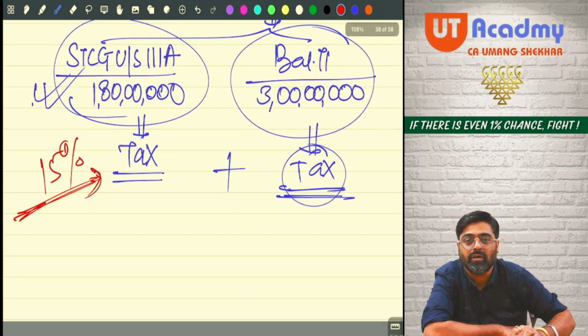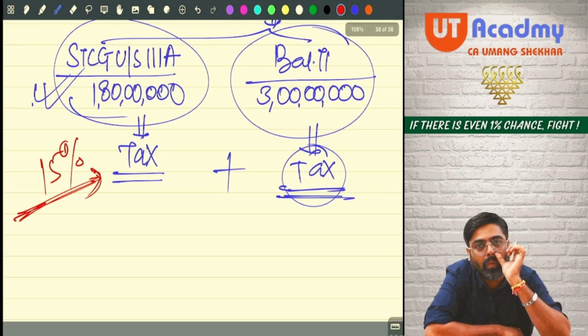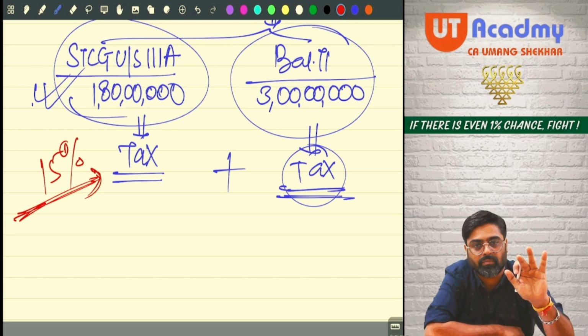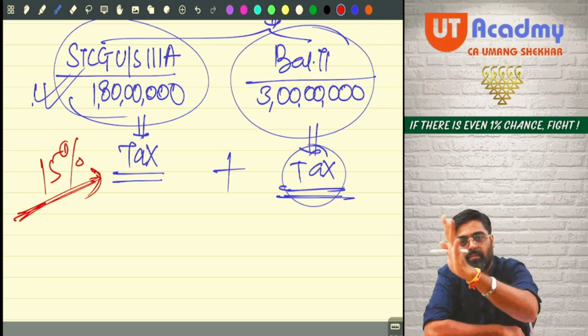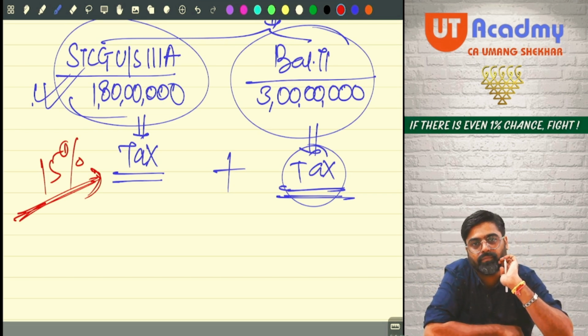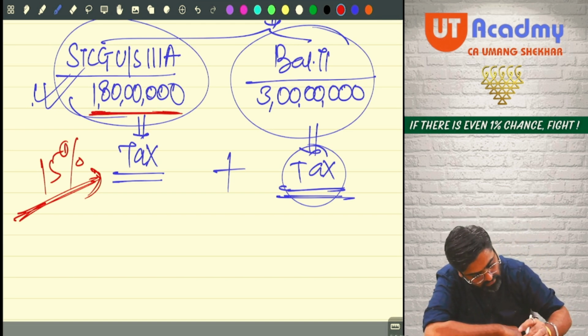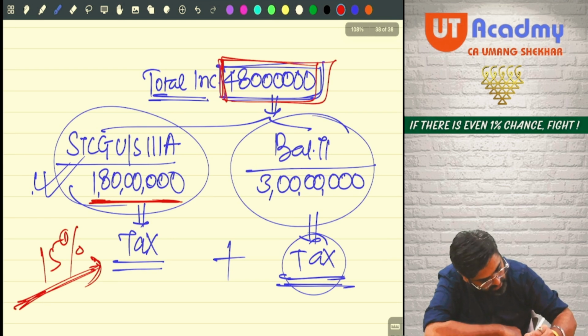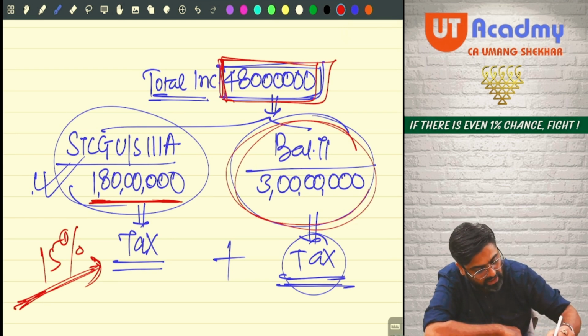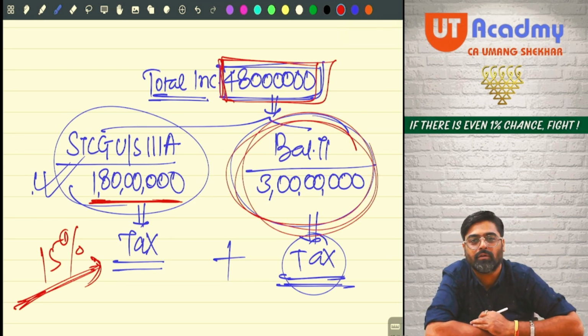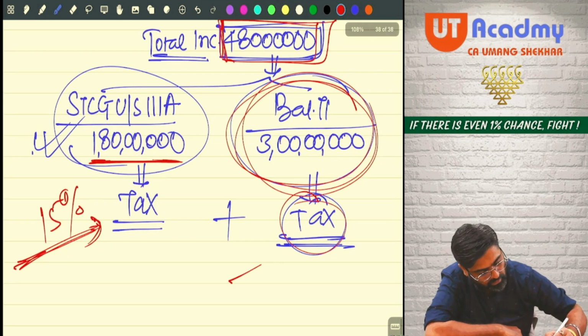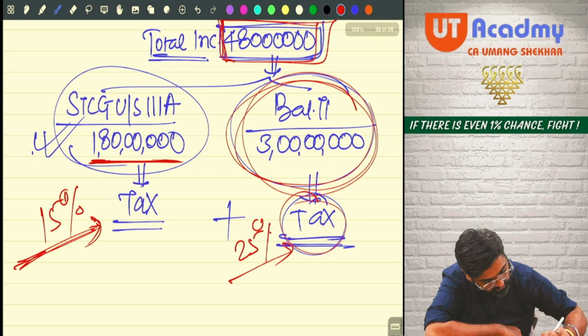On this tax, a higher rate of surcharge is not applicable. Neither 25% nor 37%. Maximum rate of surcharge here can be 15%. Yes or no? But after eliminating this income from your total income, is your total income still more than 2 crores? Now on this tax, you will apply 25%.